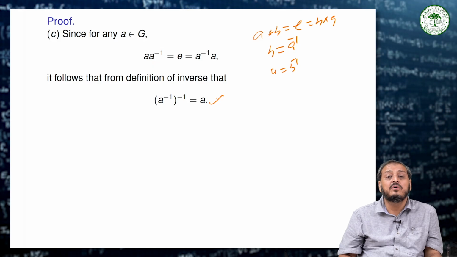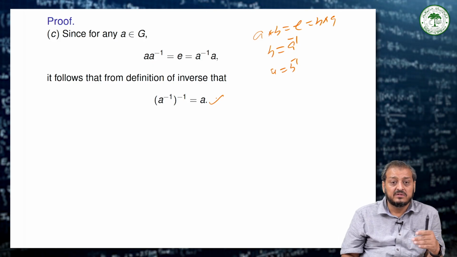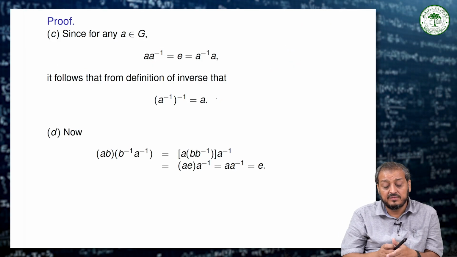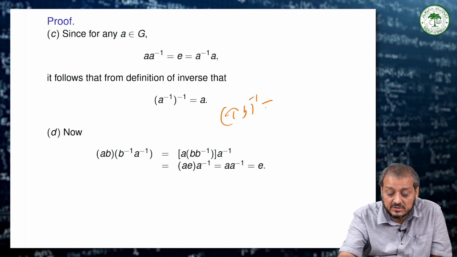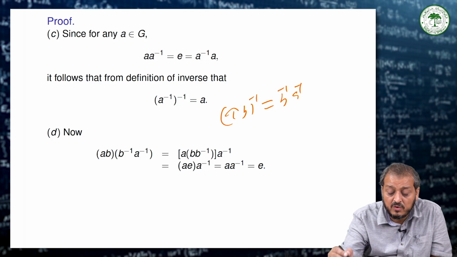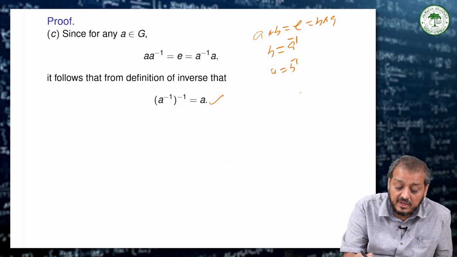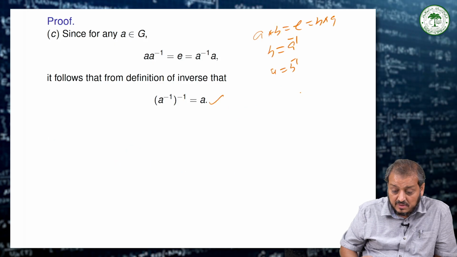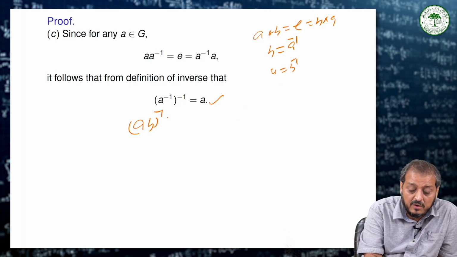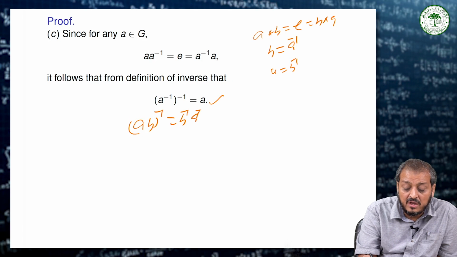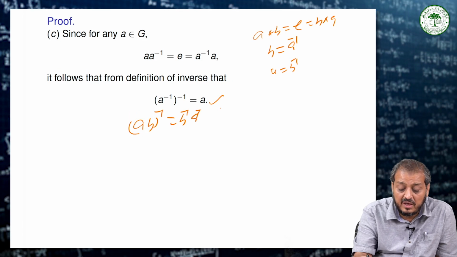Next we have to prove the third property, that the inverse of AB is equal to B inverse A inverse. So we use the inverse property.